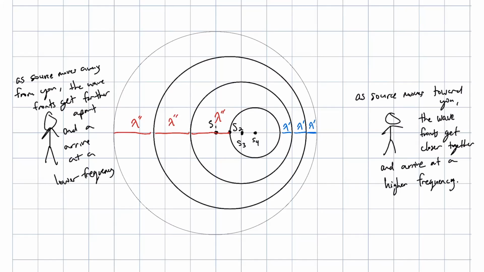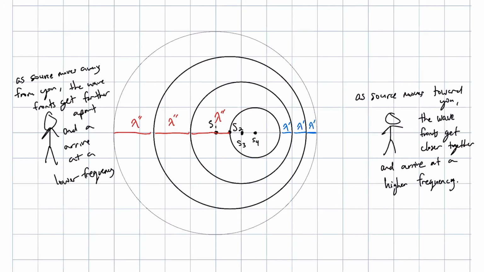Not with light, but we experience it with sound all the time. You ever notice how when an ambulance or a fire truck or a police truck goes by, it has the sirens going, right? As the ambulance or the fire truck is coming towards you, it's going wee-oo, wee-oo, wee-oo. And then as it passes you, it goes wee-oo, wee-oo, wee-oo.